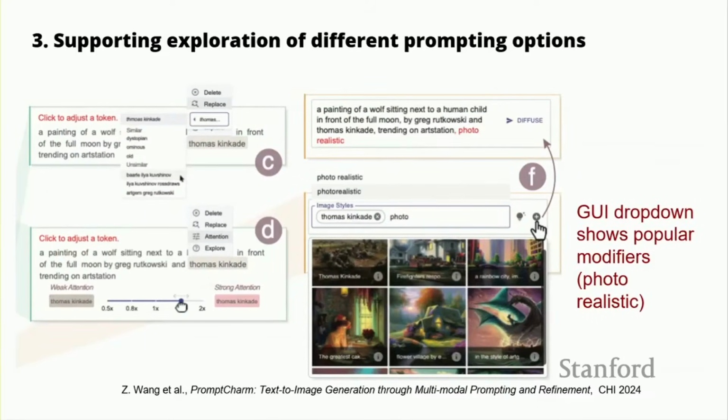Okay, next is support exploration. So make it easy to play with, again, I already talked about the rewriting and engaging with the prompting types, but also things like quick prototyping. So GUI dropdown, you have a particular kind of style.